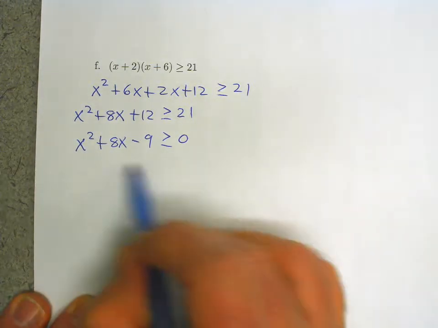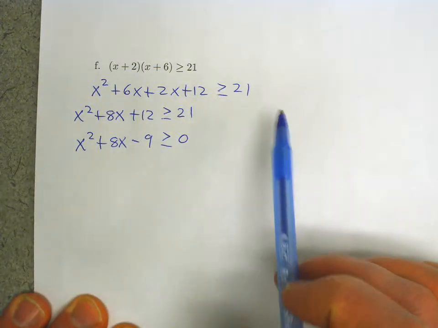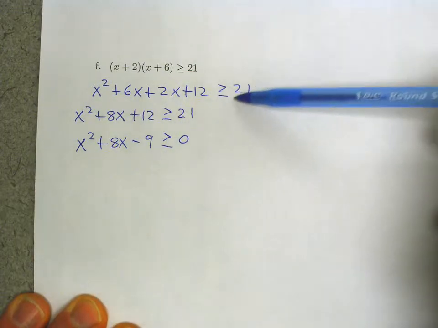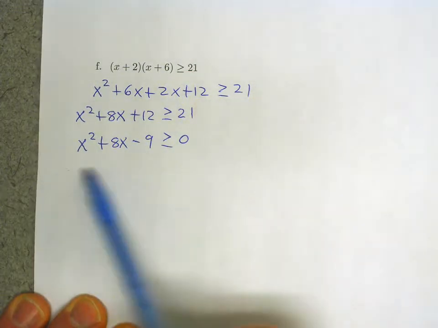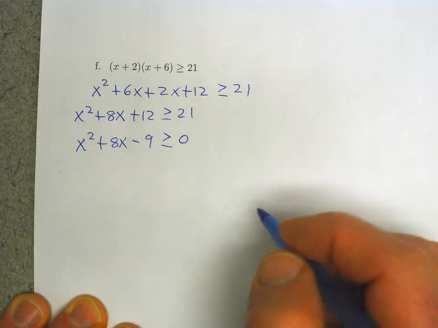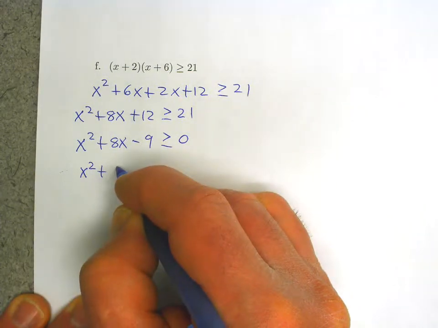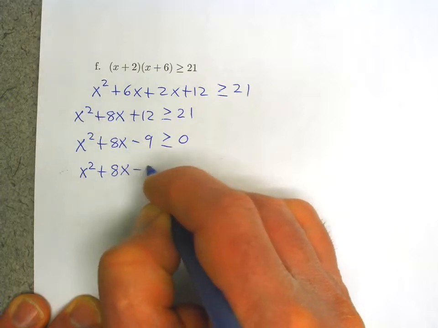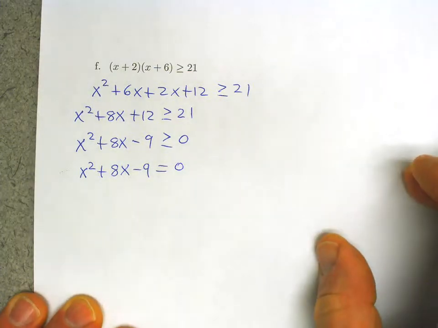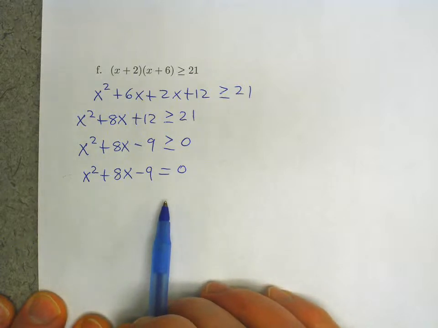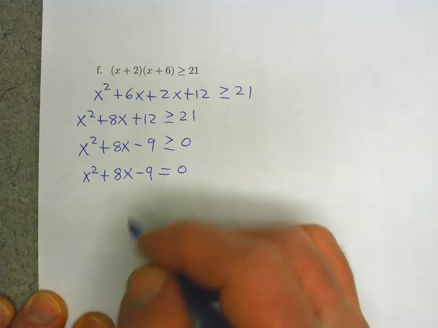Okay, then we find the endpoints. So in this one, just be aware that sometimes you have to do some preliminary work before you can identify the endpoints. So the endpoints are the solutions to x squared plus 8x minus 9 equals 0. On this one, we can solve this equation by factoring.